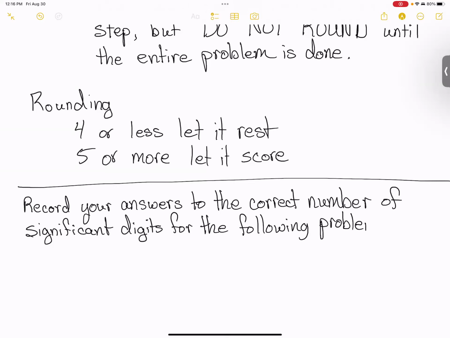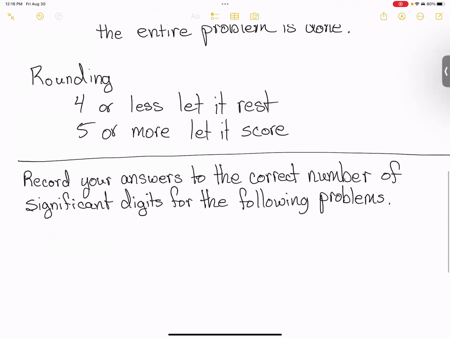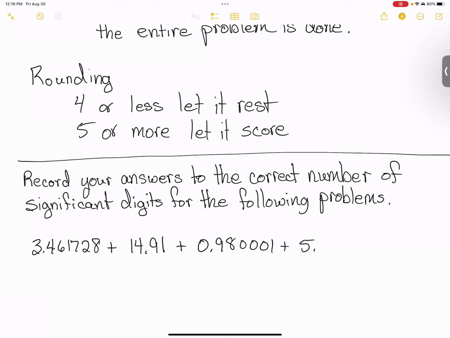So we're going to record our answers to the correct number of significant digits for the following problems. The first problem is 3.461728 plus 14.91 plus 0.980001 plus 5.2631.